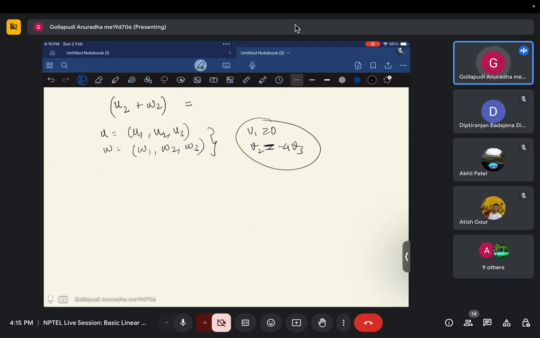So which means that I'm taking 2 vectors which will satisfy the constraint given here.